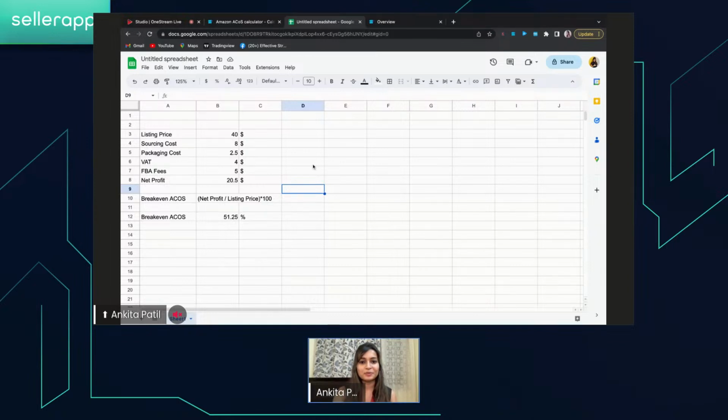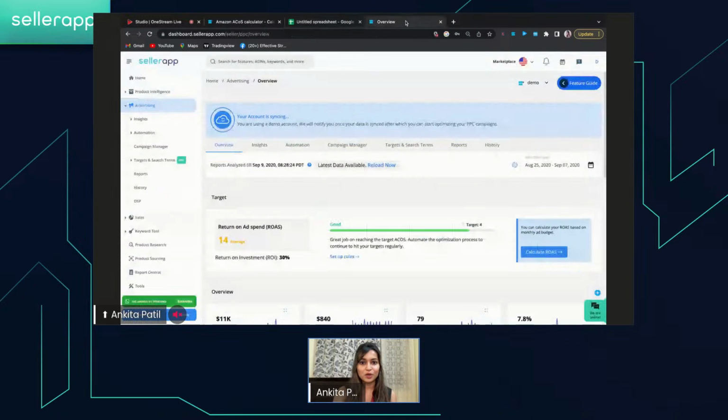Now, tools like Cellwrap can make this process a breeze. Want me to show you how? Well, let's get into it. So, after logging into the Cellwrap dashboard, all you have to do is navigate to the advertising function. And over here, you have a lot of features. So under the overview section, you will get the macro understanding of all of your PPC campaigns.